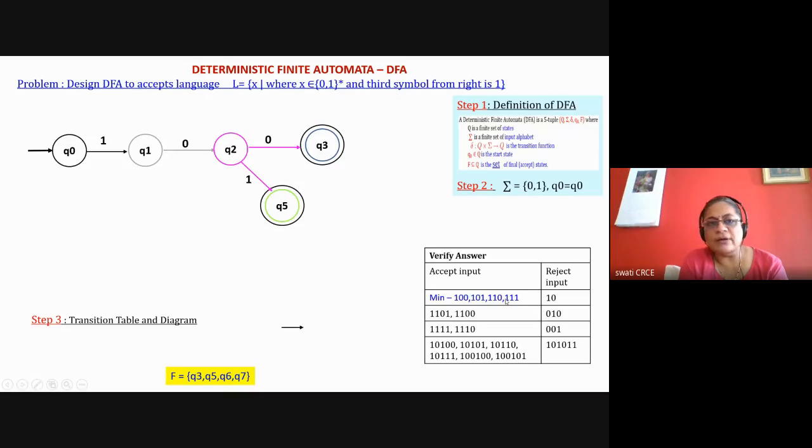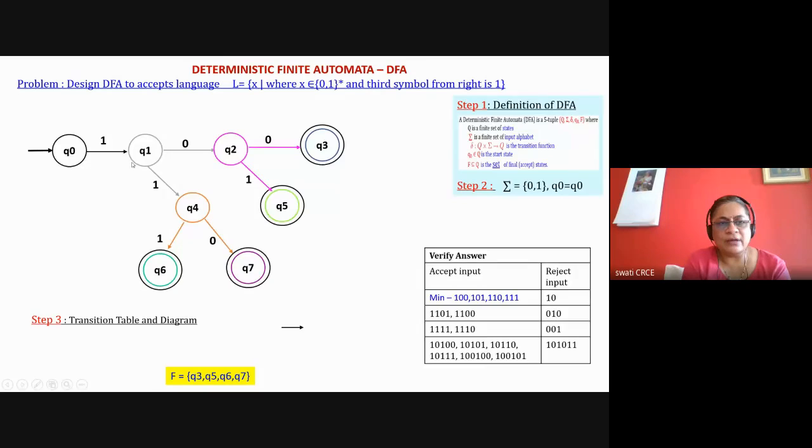Now the third is 110. For 110, I'll draw again, and with 110 it will go to the final state Q7. Okay, so this way I'll draw the diagram. Then with 111, from Q4 it will go to the next state. So with 111, it is going to the state Q6.